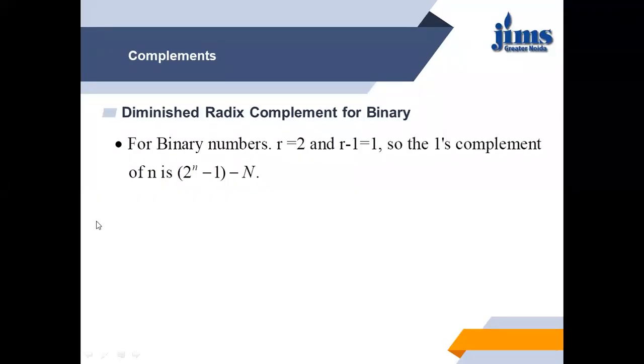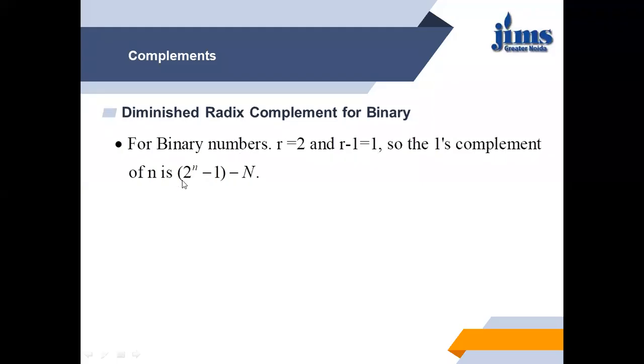The ones complement of a number n of small n bits can be calculated as 2 raised to power n minus 1 minus n. The formula is the same as for the decimal number, where the formula is r to the power n minus 1, and here r equals 2. So we have written 2 raised to power n minus 1 minus n.